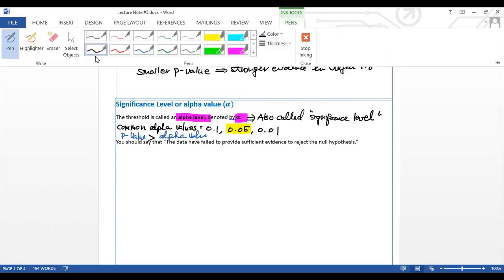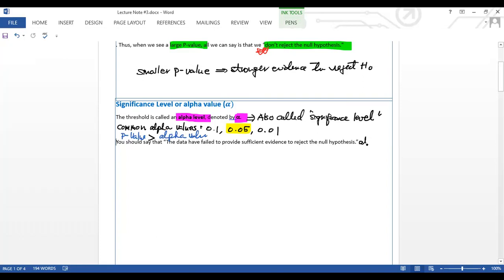At the significance level, for example the 0.05 significance level.